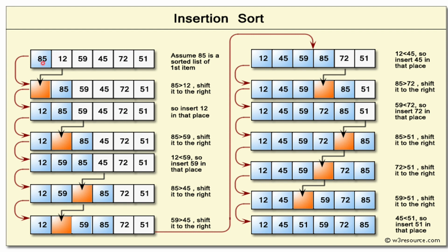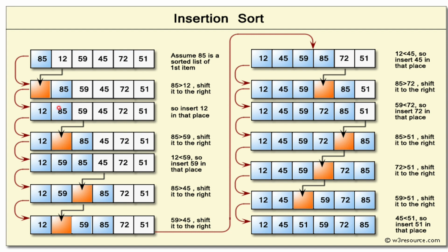So we have to right shift the 85. When I right shift the 85, 85 goes to the 12 position, and I store the 12 in the first position because the first position is now blank. So now these two elements are sorted.